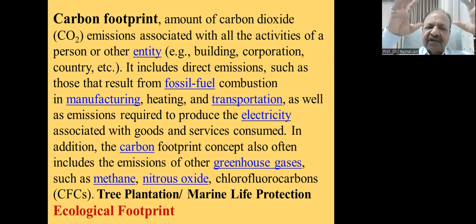Why? Because trees absorb carbon dioxide and release oxygen. That is the plan. More trees absorb more carbon dioxide, and more oxygen will be there, which is a healthy symptom for the earth and for all lives, because not only human beings but every life needs oxygen.